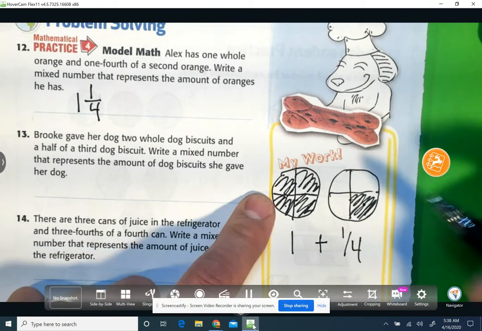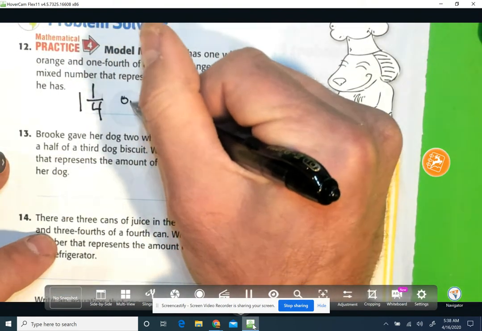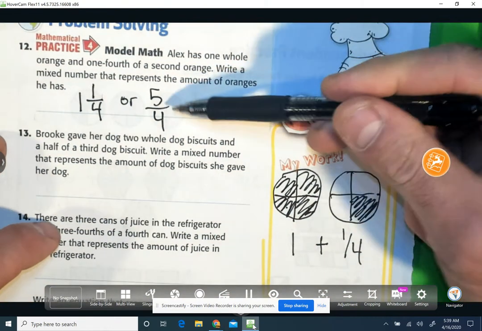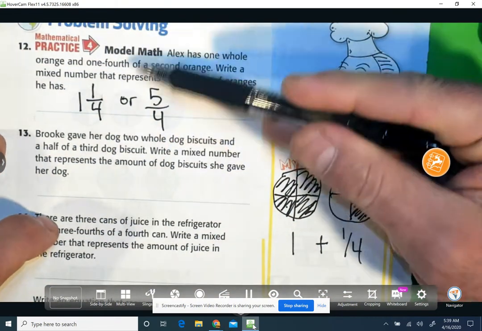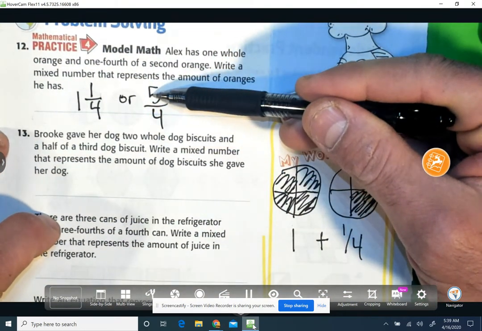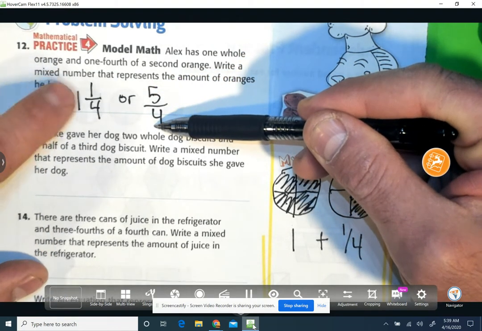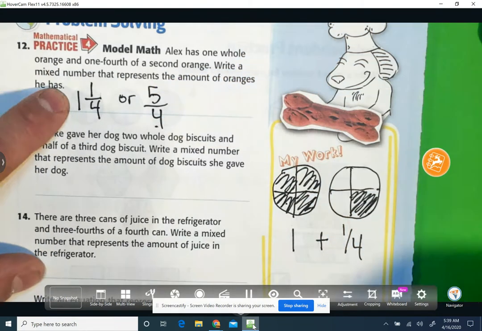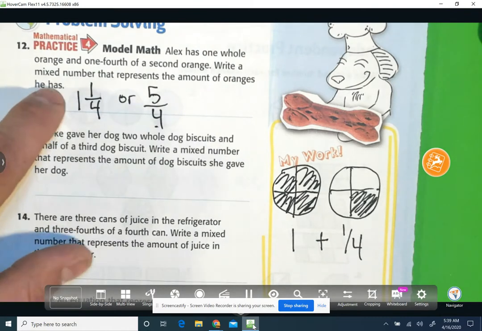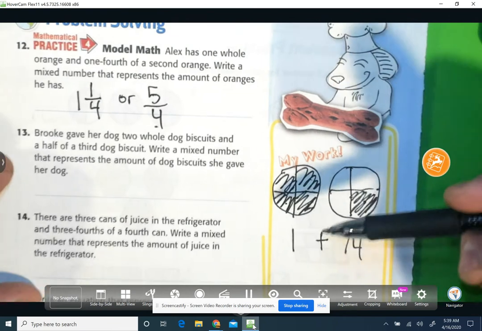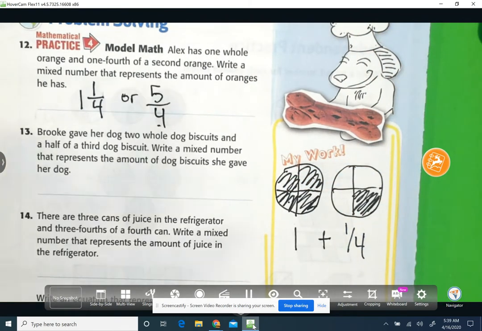He ate 5/4 of an orange. This is the idea of the improper fraction, which means that the numerator is larger than the denominator. The way that we write that appropriately is as a mixed number. Okay, it's a whole number and a fraction. All right, let's take a look at number 13.